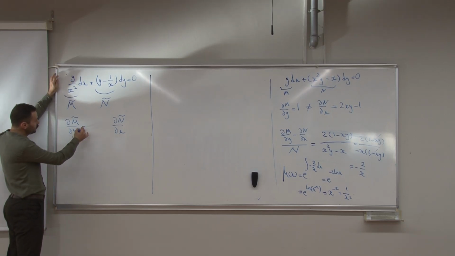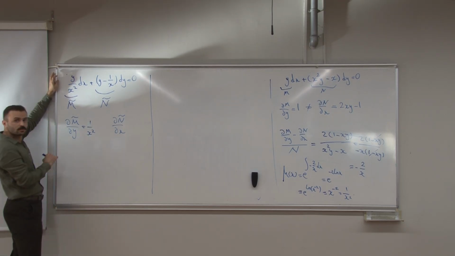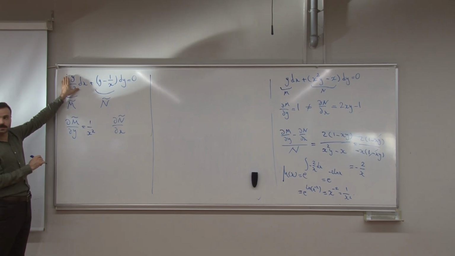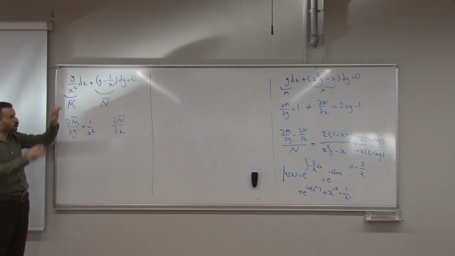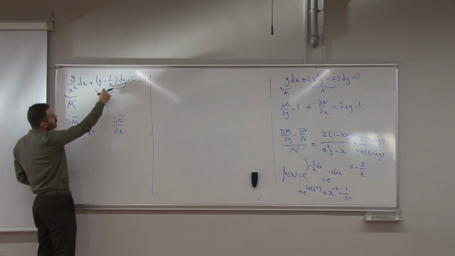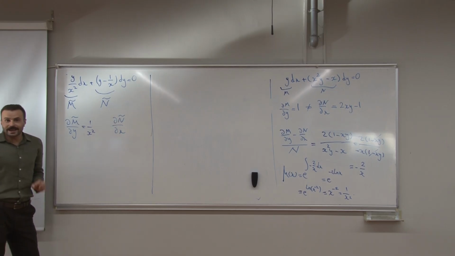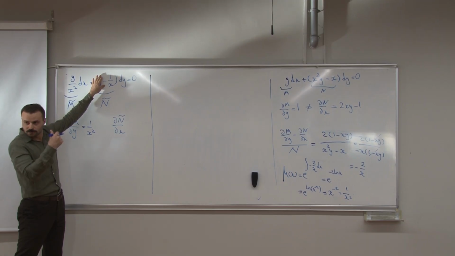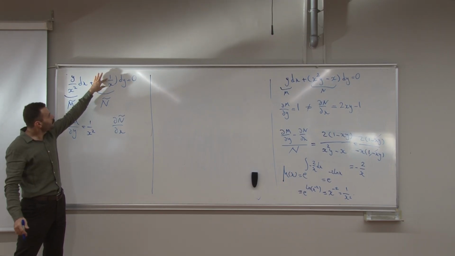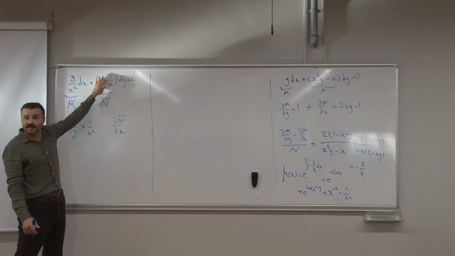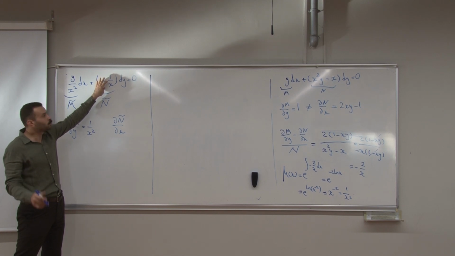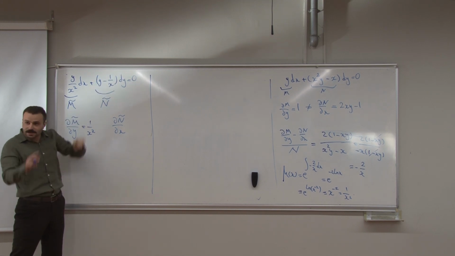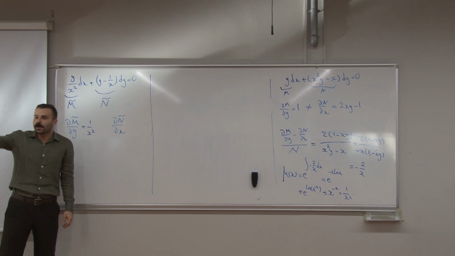And this is going to be 1 divided by x squared, because x is just a constant, so the coefficient of y is 1. And from here, we need to calculate the partial derivative with respect to x. The y is 0, because the partial derivative with respect to x of minus 1 over x is minus 1 over x to the power of 2.